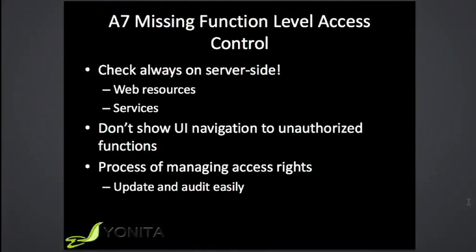We should remember to not expose UI navigation to unauthorized functions, and to implement all those things in such a way that it's easy to update and audit. So basically maintainable code.